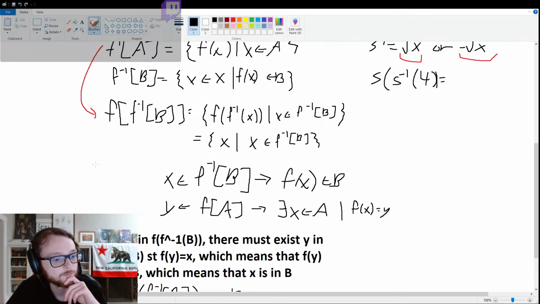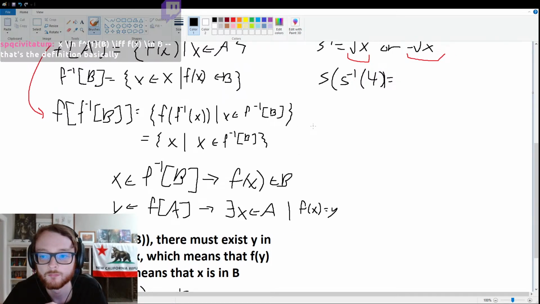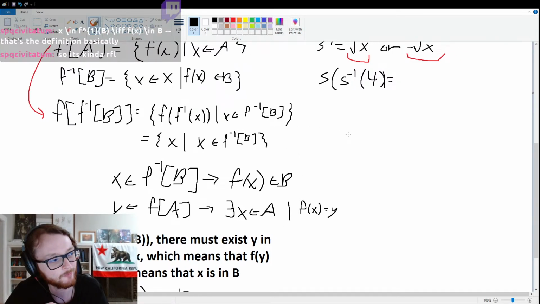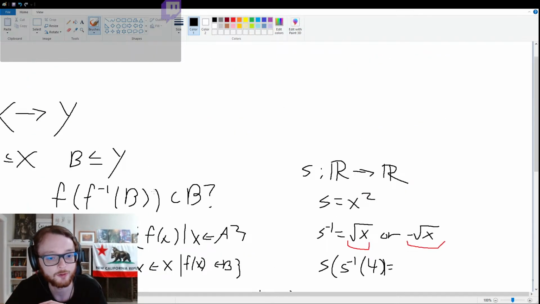It's kind of reflexive, rfl. x in f inverse of B if and only if f of x in B. I'm kind of confused because the question is about a proper subset, which I don't really know.